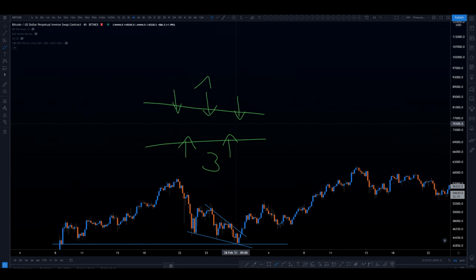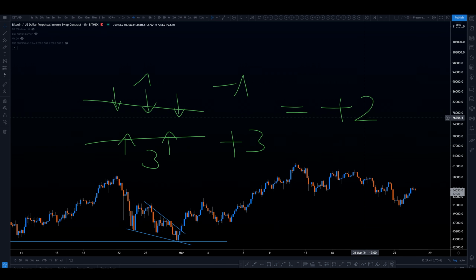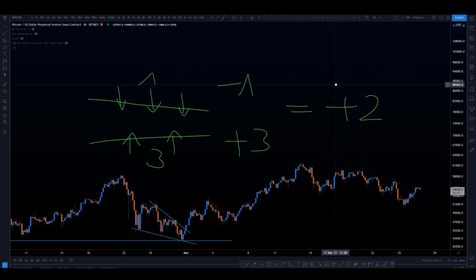Now you can just do the math and say, what is the delta? It is -1 because of the resistance, and you have +3, so the result is +2. So you have a bullish pressure. You have more bullish pressure than bearish pressure. So you can expect the support to be stronger here.